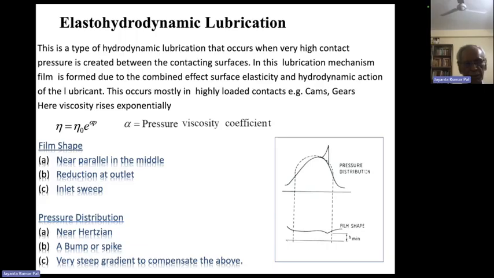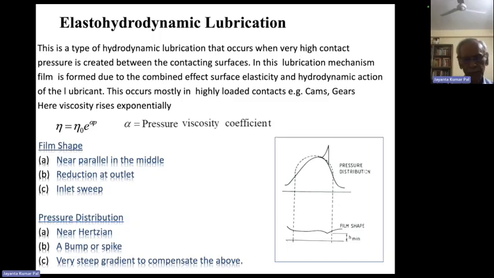So this is a very important point to remember, that the viscosity is modified due to pressure, and it's given by eta equal to eta naught e to the power alpha p. Again, there's a vast information available on this, and we'll give only a very short description of this.